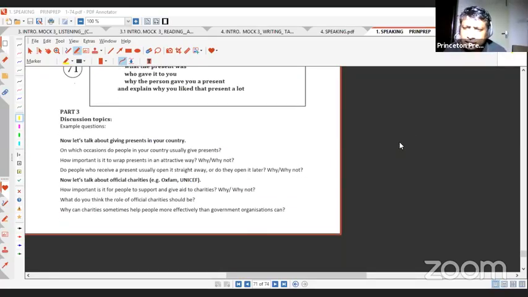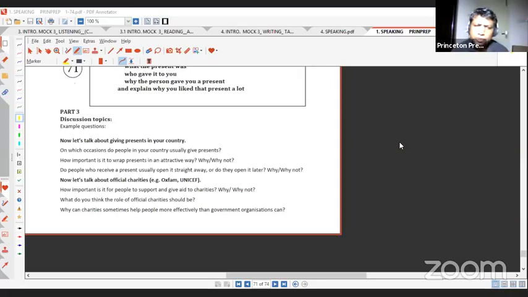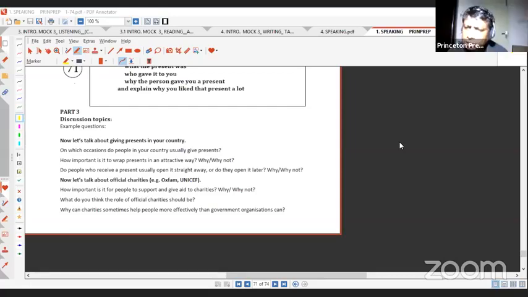Fine. Faria? Yes, sir. Okay, let me ask you. How important is it for people to support and give aid to charities? Is it very important? Yes, sir. It's very important for people to support and give to the charities. Because in our country, we also give zakat.